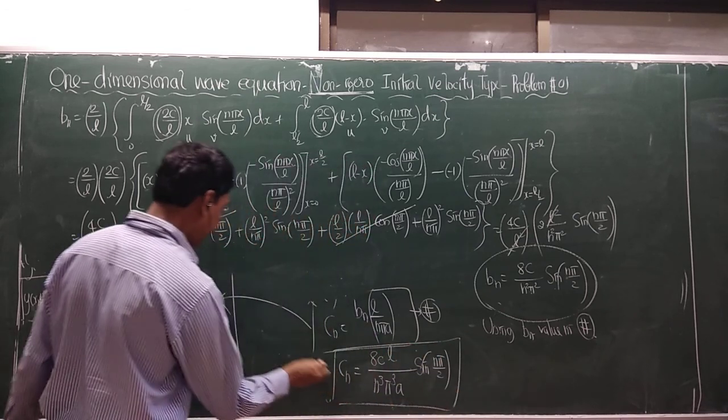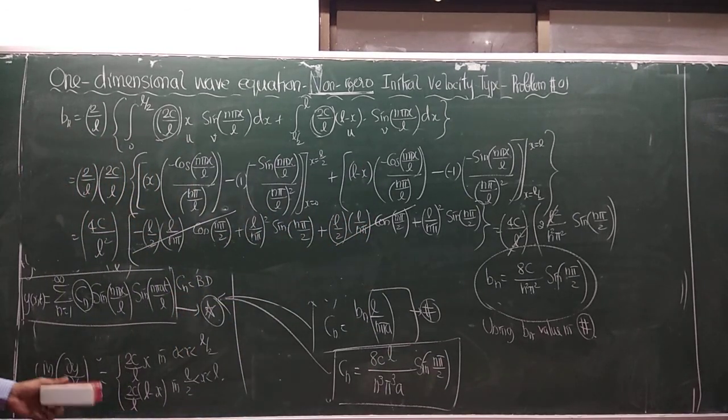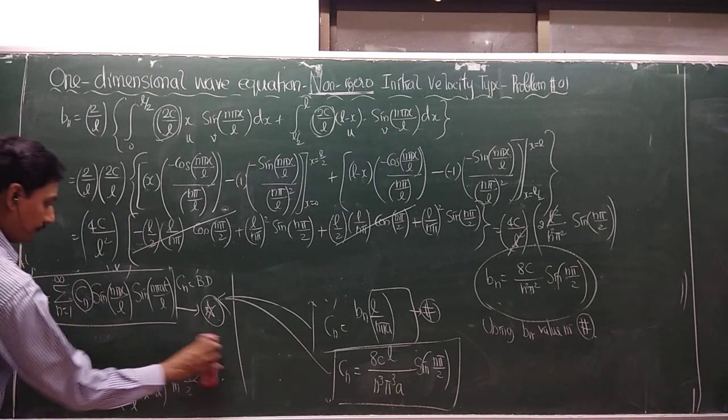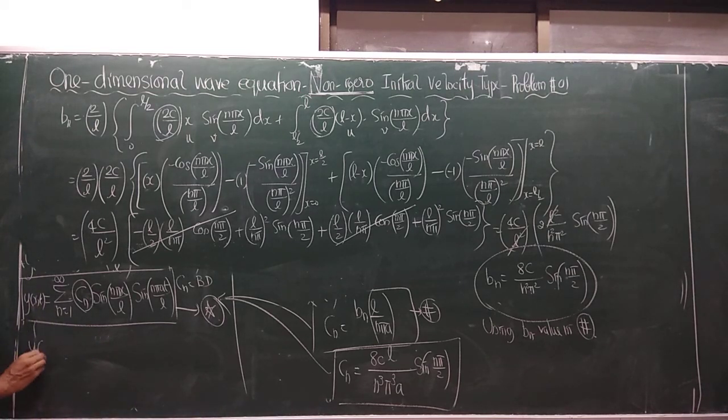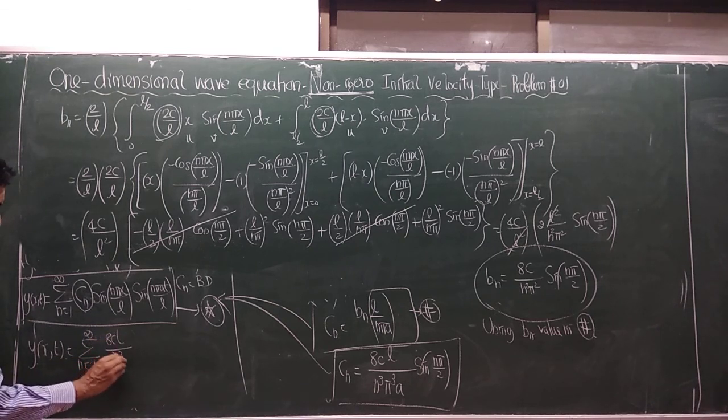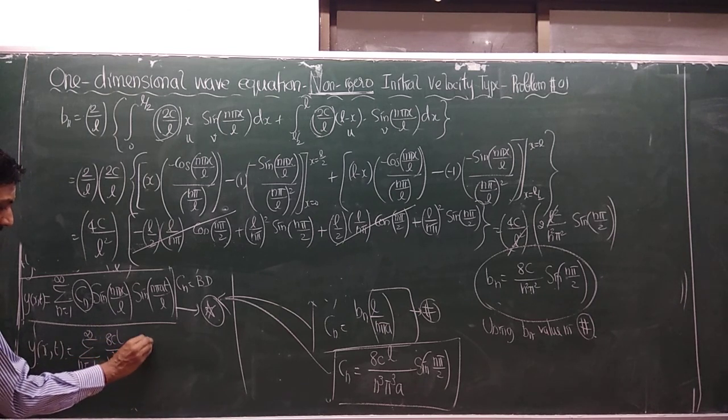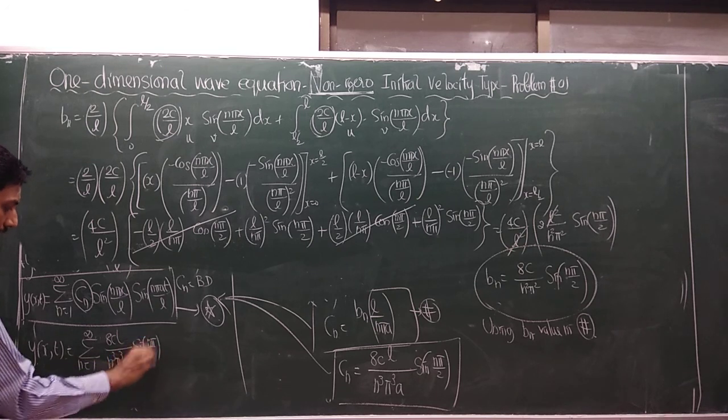Now use this capital Cn value in the most general solution. What will we get, sir, by putting the Cn value: sigma n equal to 1 to infinity, the Cn value is 8cL by n cube pi cube a of sin n pi by 2. Right?